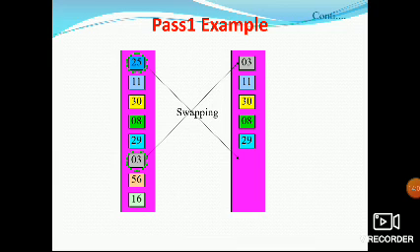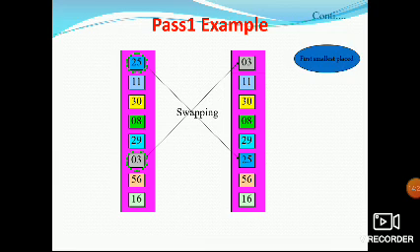Now not the 3, you have to keep the 25, 25, 56, 16. So this is the output we got. Now pass 1 is completed. First smallest element placed.